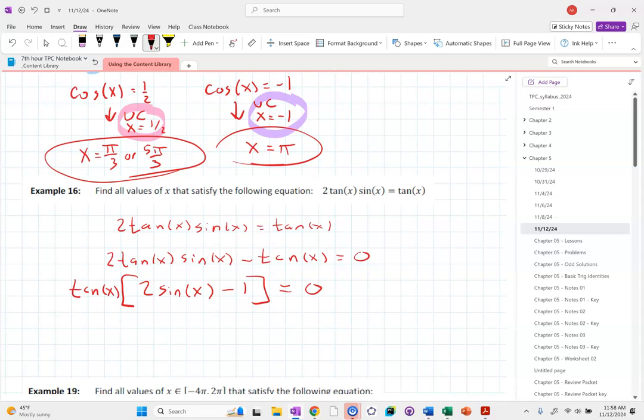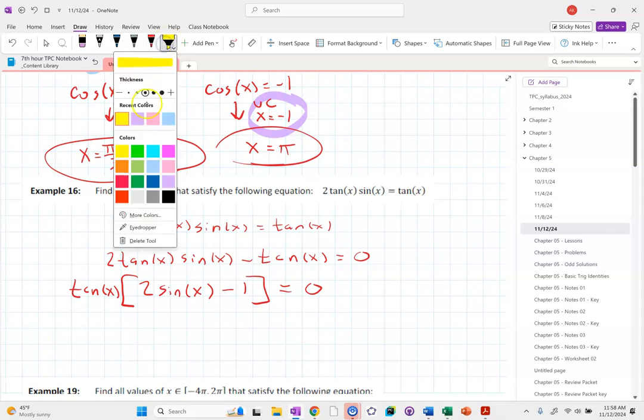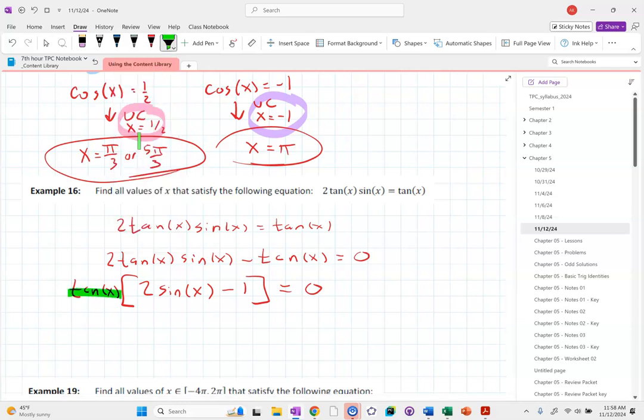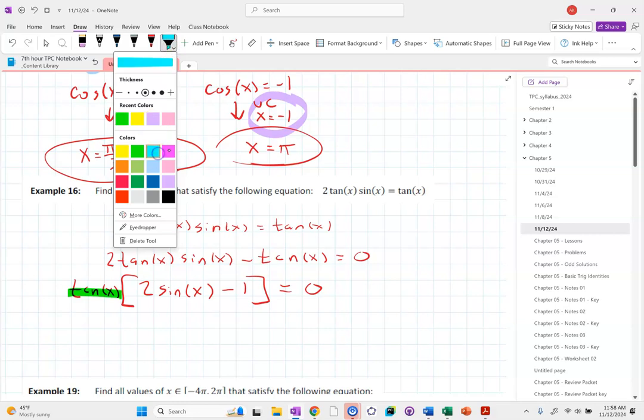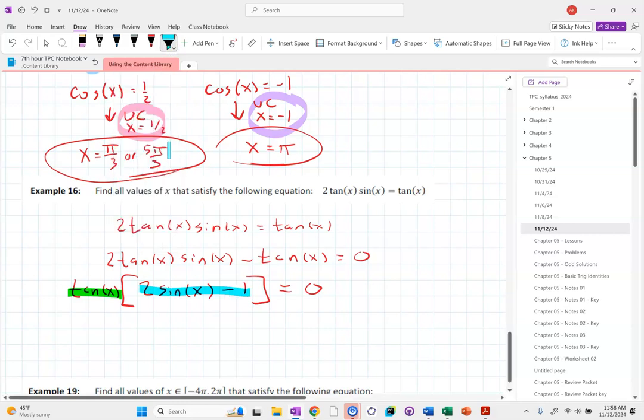Everybody okay there? Now look at what's happened with our factoring. This factor has only tangents in it. This factor has only sines in it. By factoring, we've effectively separated these two different trig functions. You guys see that?